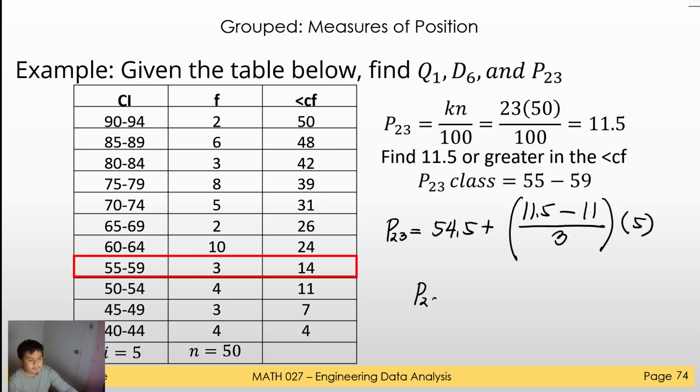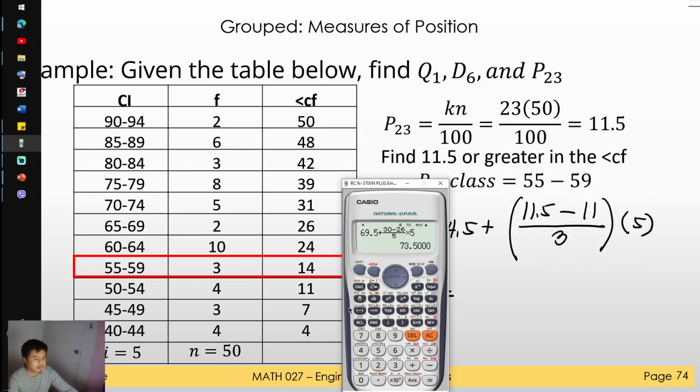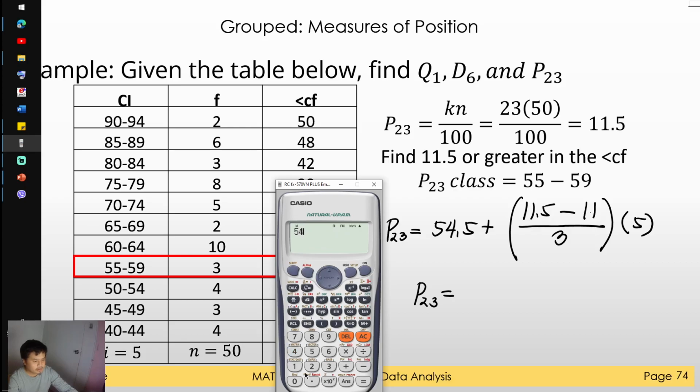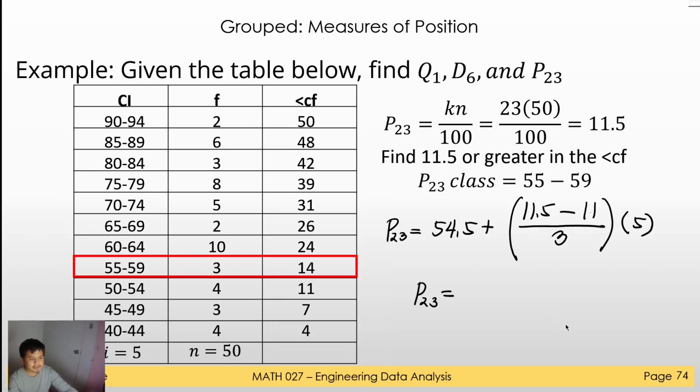So P23 is equal to 54.5 plus 11.5 minus 11 over 3 times 5. So we have 55.30. So this will be your 23rd percentile data.